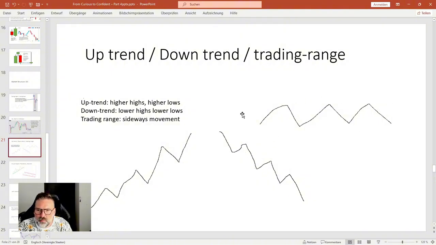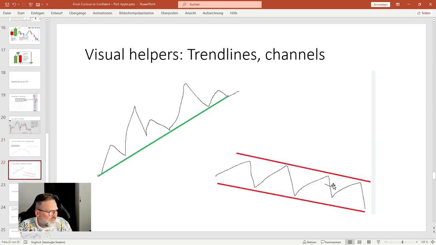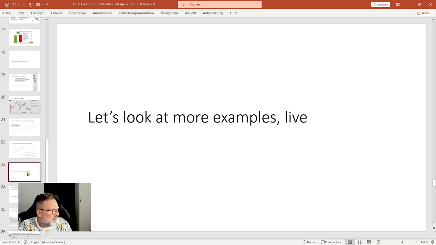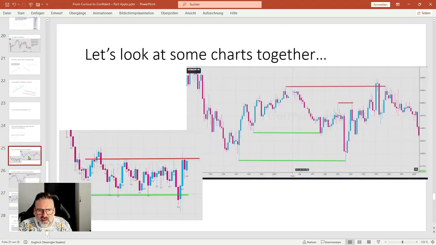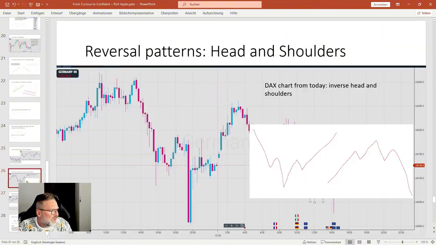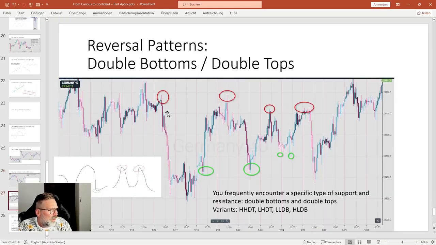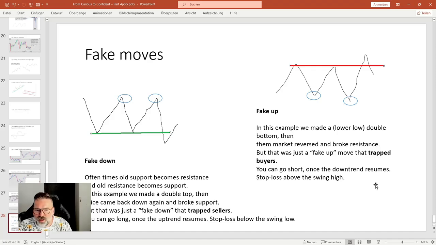Trading ranges have a more or less defined range top and bottom. You can visualize that with channels and trend lines. We learned that the market respects old highs and lows. We call that support and resistance. And we were talking about reversal patterns, head and shoulders, double tops and double bottoms, and fake moves.